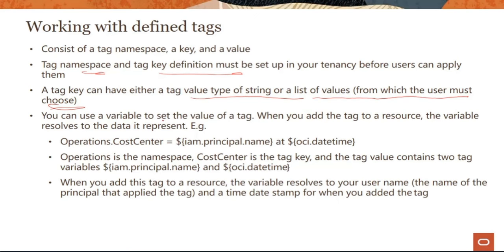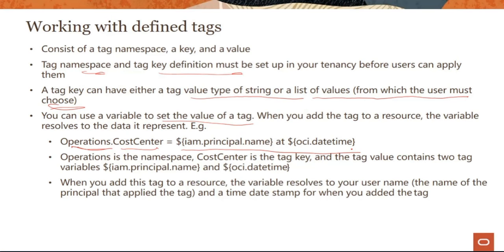You can also use a variable to set the value of a tag. When you add the tag to a resource, the variable resolves to the data it represents. For example, if you have a namespace called operations and you have a key called cost center, for the value you could specify something like this: iam.principal.name at oci.datetime.